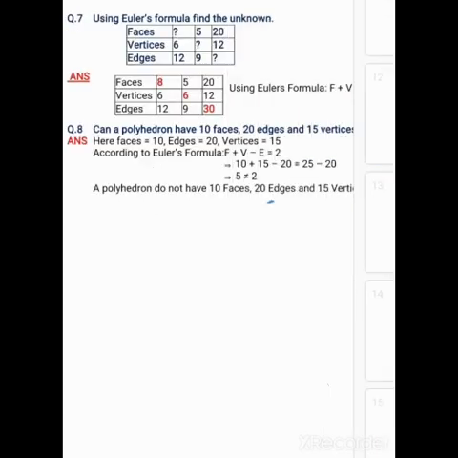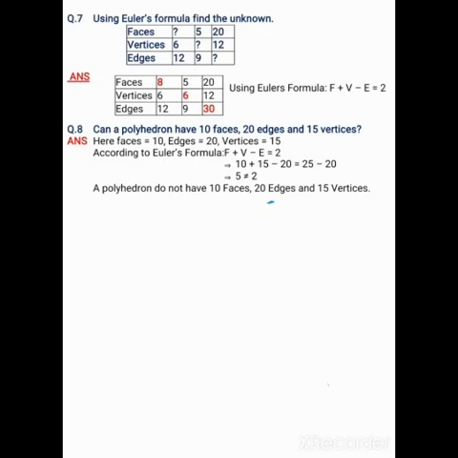Now come to question number 7. Using Euler's formula, find the unknown. Now here some solids are given. It means in the first one faces is not given, in the second one vertices is not given, and in the third one edges is not given. So we use Euler's formula, F plus V minus E equal to 2.